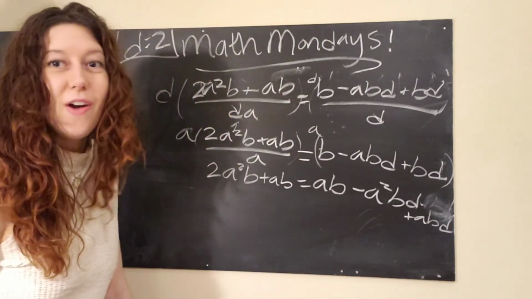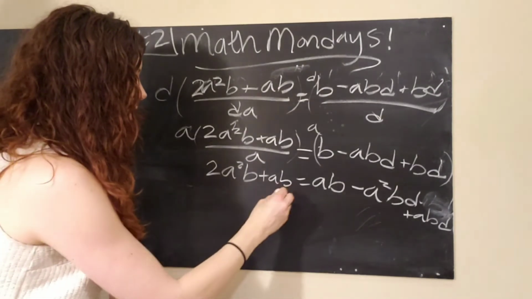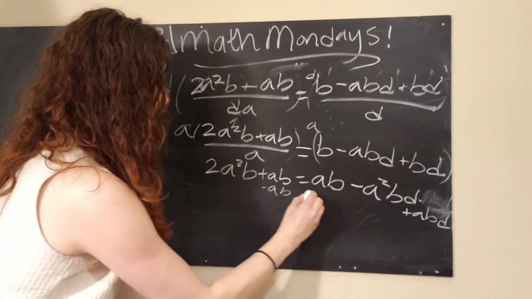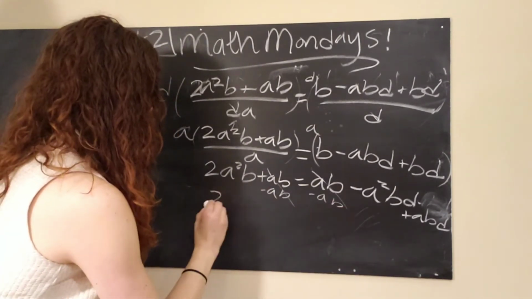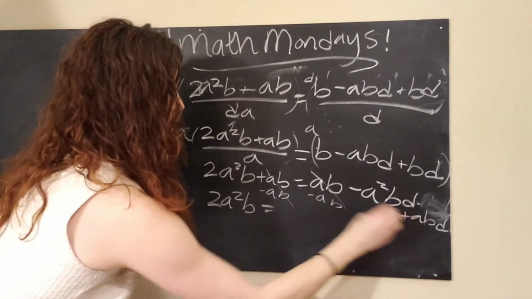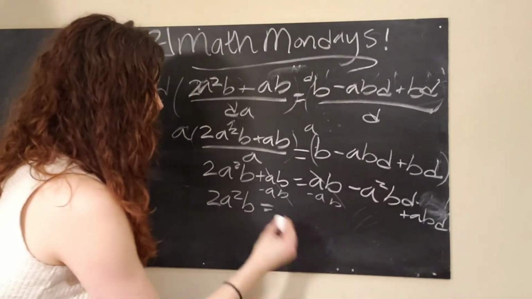Okay. Oh, look at that. We have two terms that are the same on either side. So these will cancel because I would subtract them from both sides. Okay, so I'm just going to cancel those. 2a squared b equals, we're going to move this in front because I like having my positives. Although, well, okay, fine.